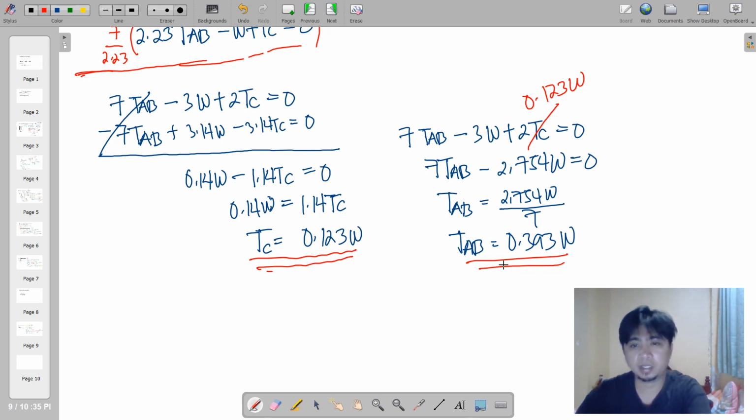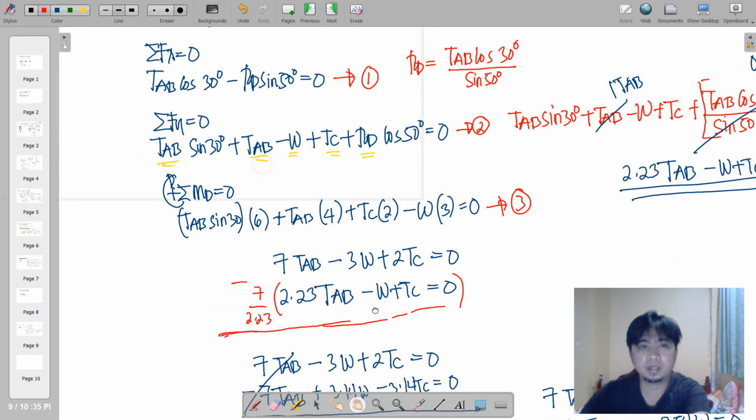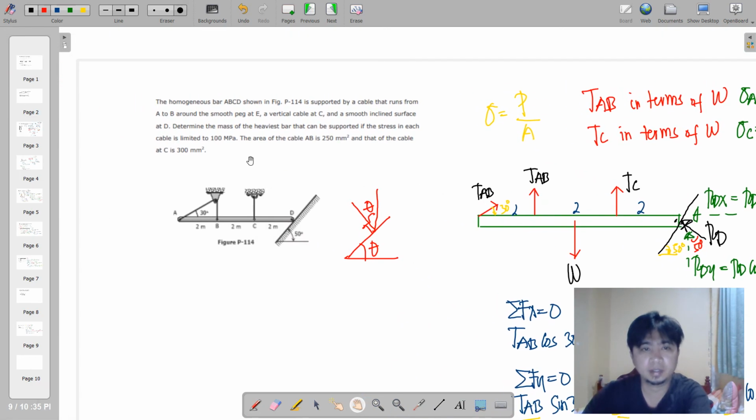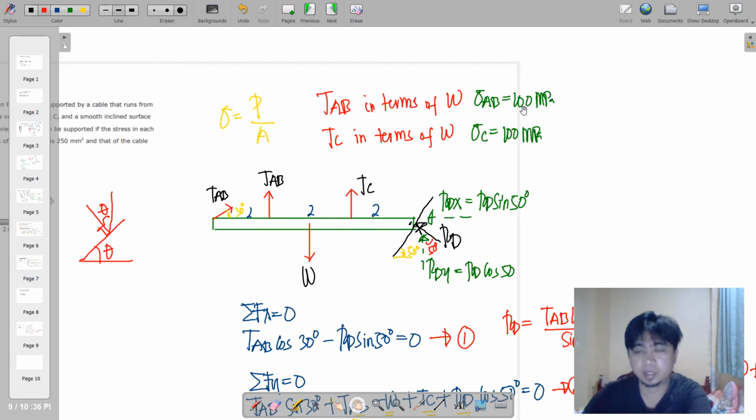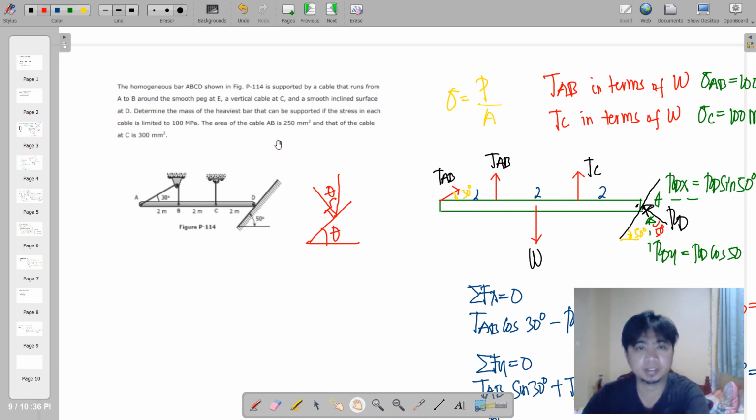So TC and TAB are all in terms of W. All we have to do is to use the allowables of these two cables. So the allowable stress for AB and BC are both 100. Okay, so we have listed that a while ago, but they have two different cross-sectional areas.